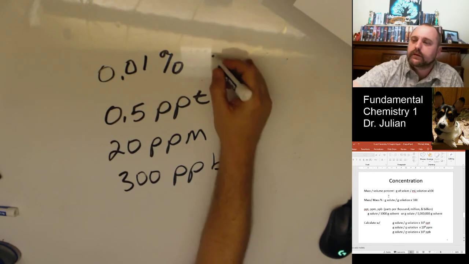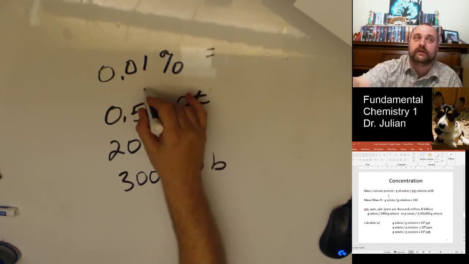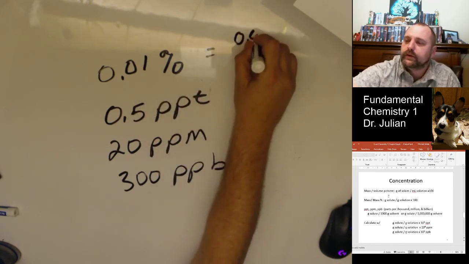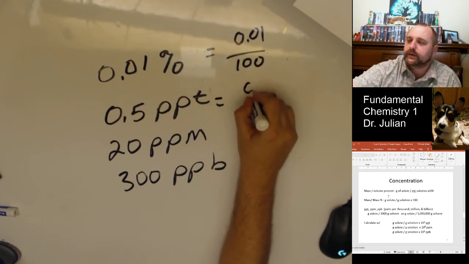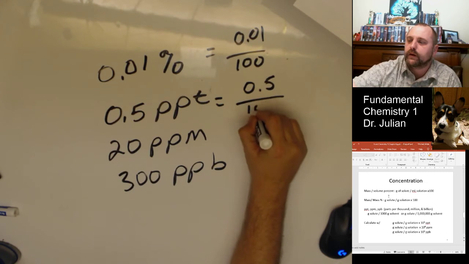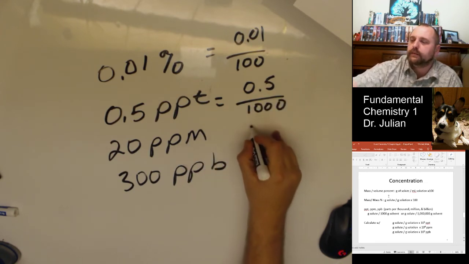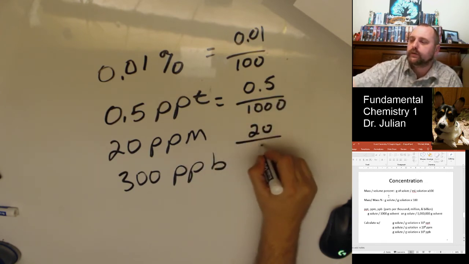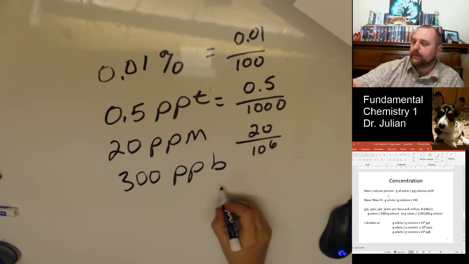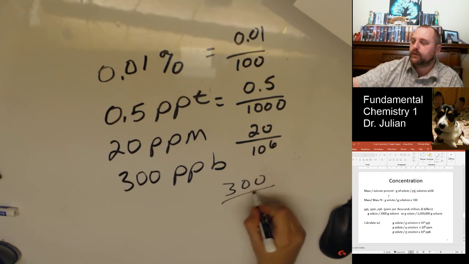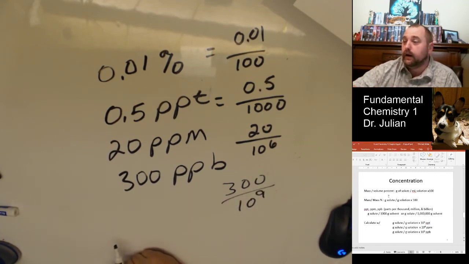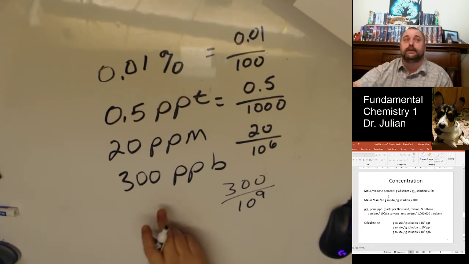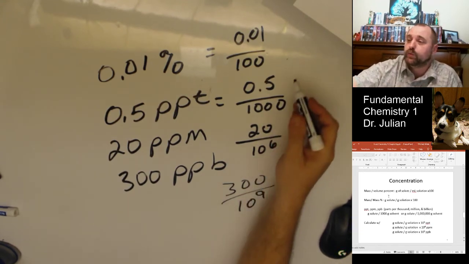So instead, what I'm going to do is put them, this is percent, so it's 0.01 over 100. And PPT would be 0.5 over 1,000. ppm would be 20 over a million, 10 to the 6, right? And this would be 300 over 10 to the 9th, which is billion. And I'm going to type it all in my calculator and figure out which one's the biggest.